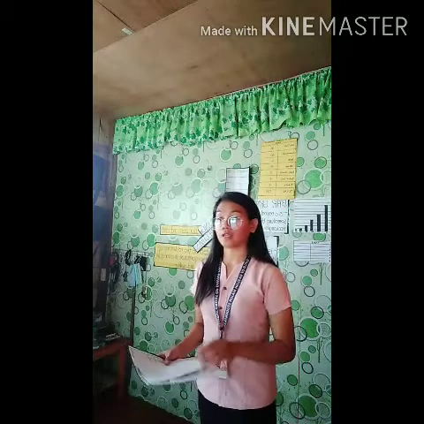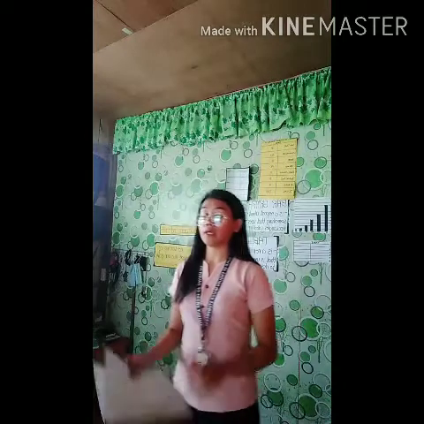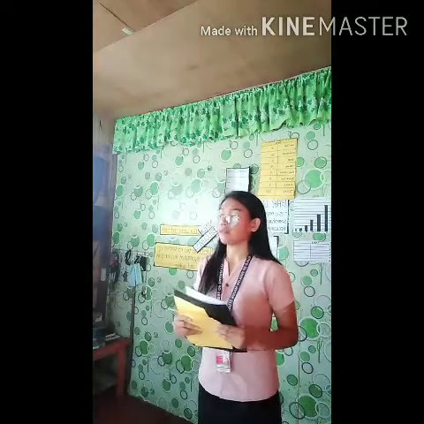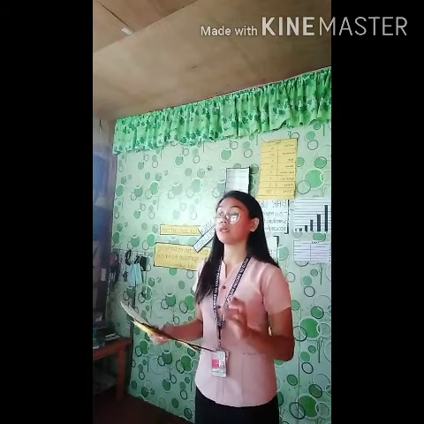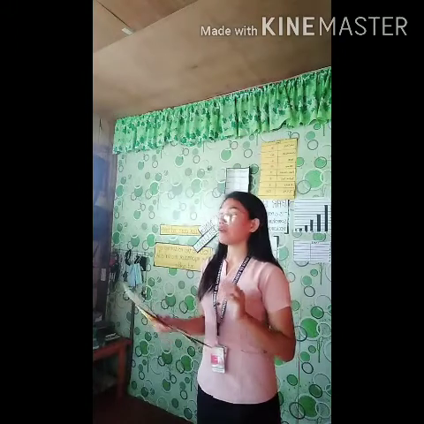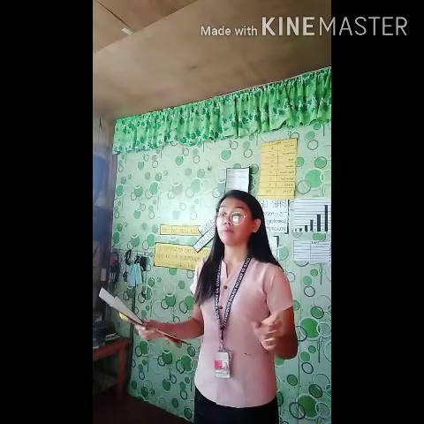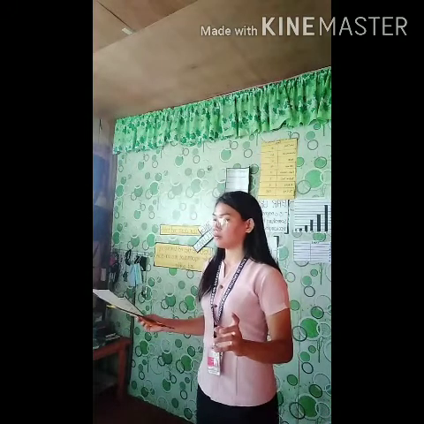For 3 points, if your group makes the activity but with the assistance of the teacher. For 2 points, if your group does not show eagerness in making the activity. And for 1 point, if your group does not have interest in making the activity.